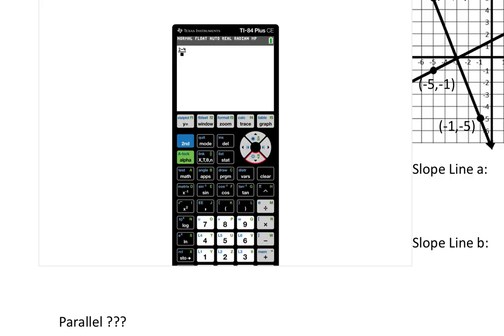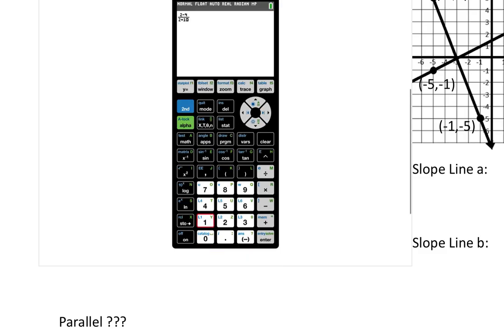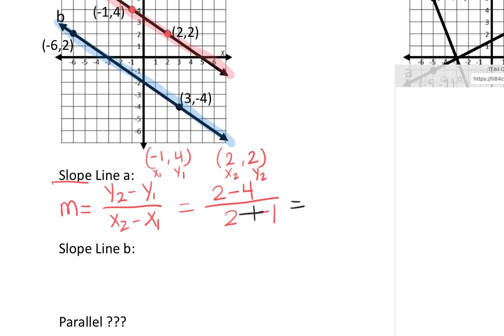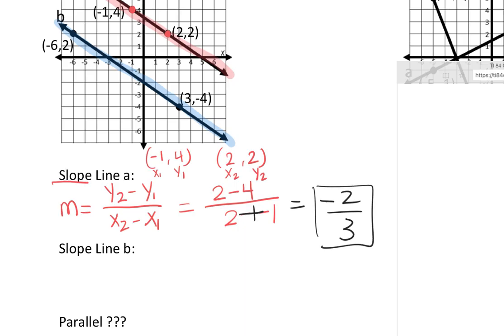And in the bottom, since we have that positive, it's 2 plus 1. And I get negative 2 over 3. Negative 2 over 3. So this is my first slope for line A.